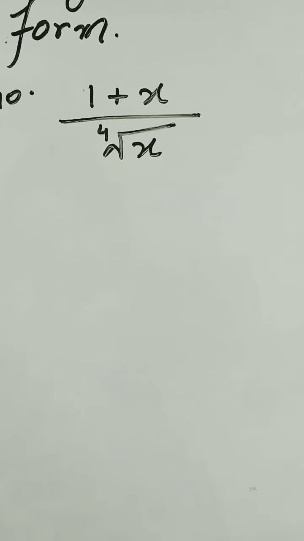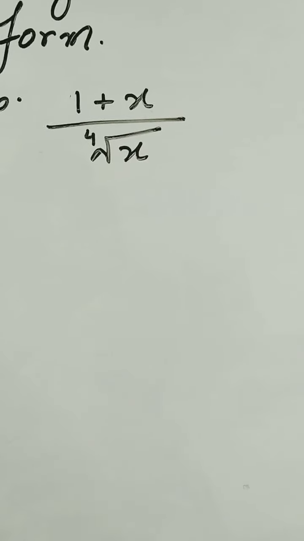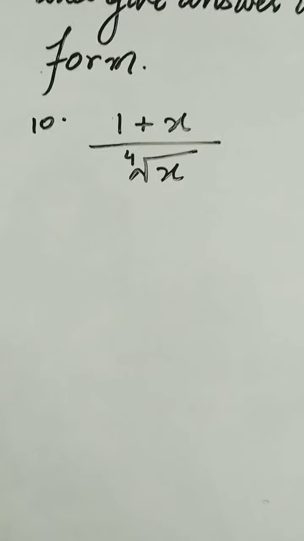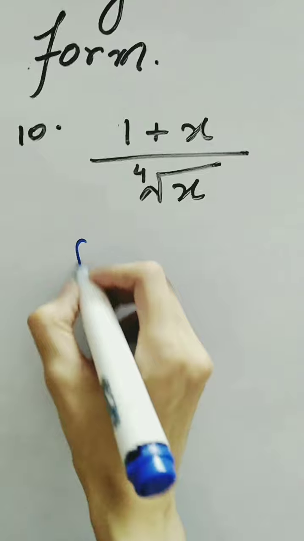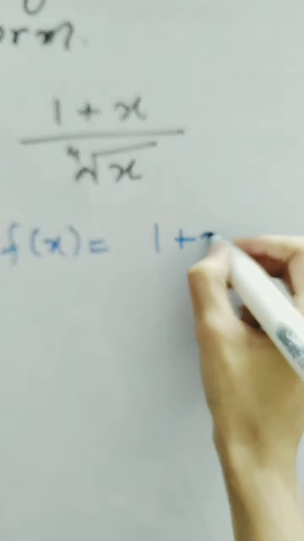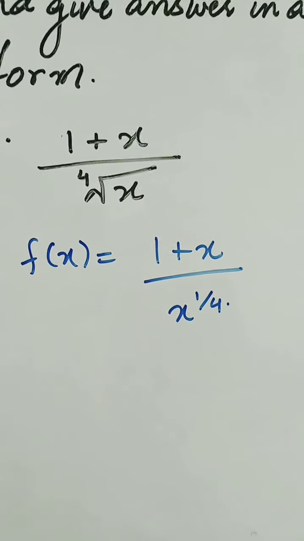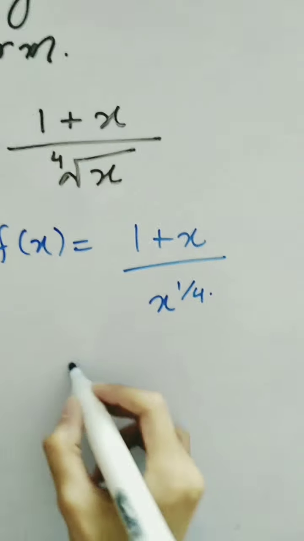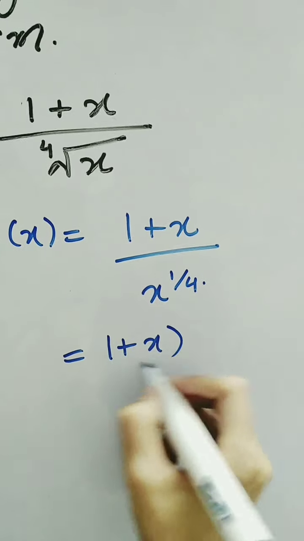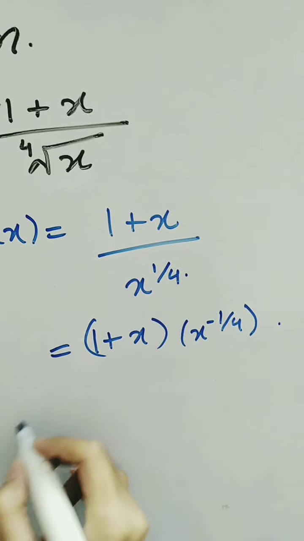Here we have another function, 1 plus x over x raised to the power 1 over 4, or x square root. So first we solve this expression, and we can write it as 1 plus x over x raised to the power 1 over 4, as this is equivalent to quad root. Now take this expression into the numerator, and we will have x raised to the power minus 1 over 4.